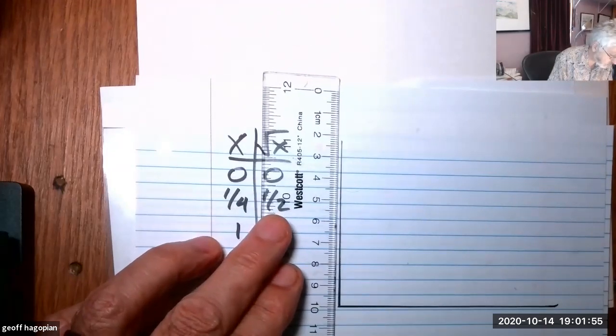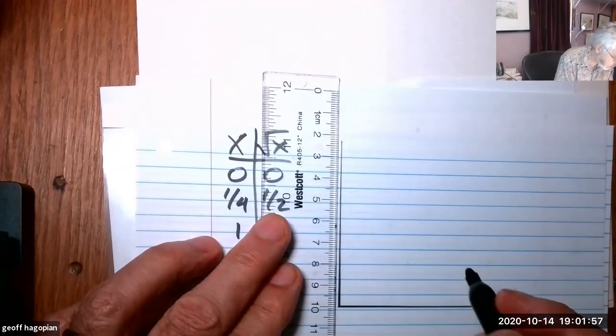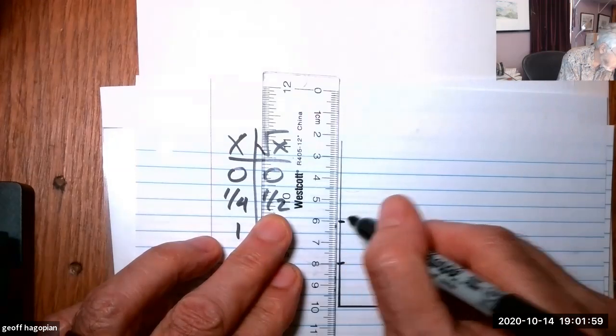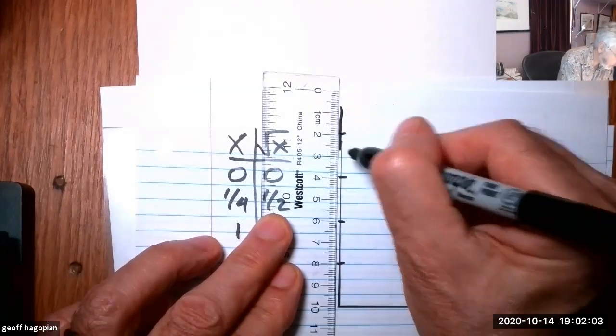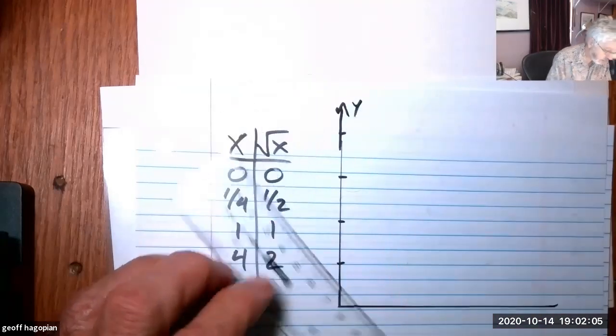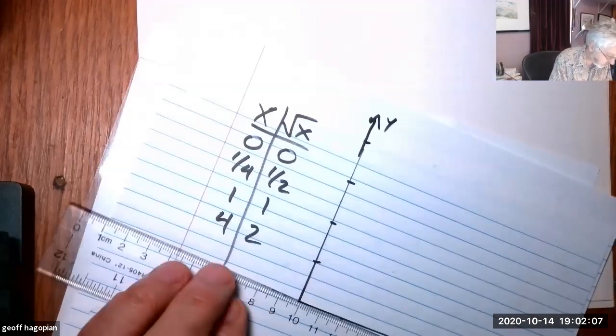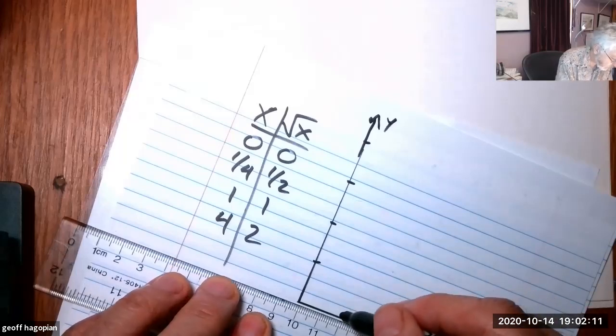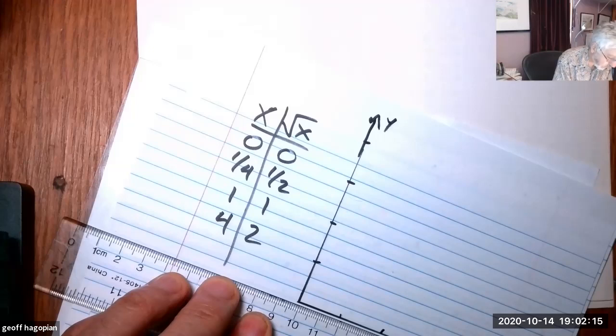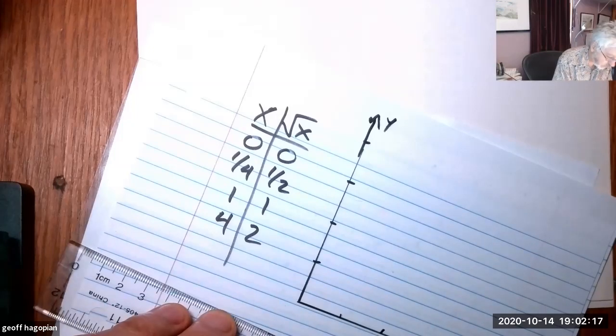And say 2 centimeters is 1 unit. So here's 1, 2, 3, 4 on the y-axis. And horizontally, I've got 1, 2, 3, 4, 2 centimeters per unit, right?